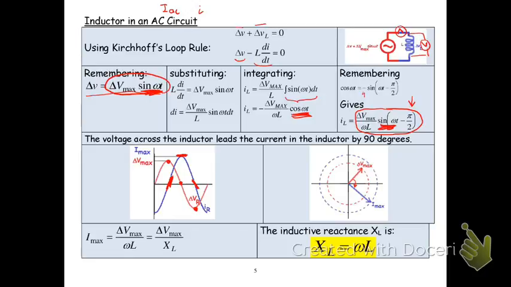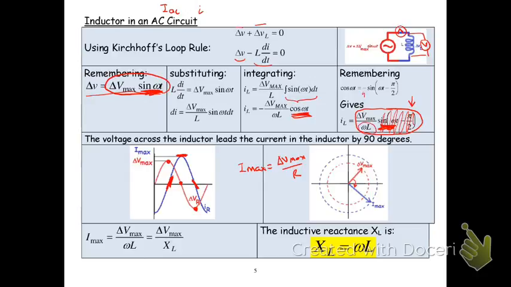Now, you know what? I like this idea about using Ohm's law. So I max was equal to delta V max over R. Can I do something similar for this? And so I look and I say, well, we're talking about maximums, so let's just make that equal to 1. So if I call omega L R, I get that same expression.